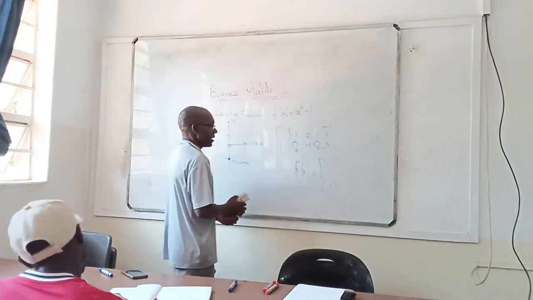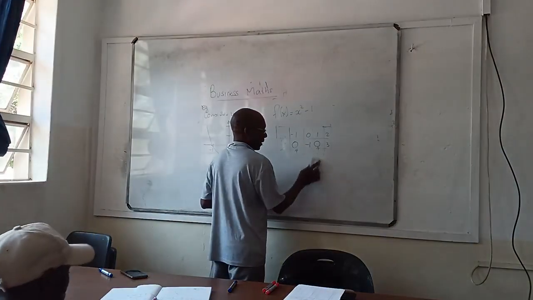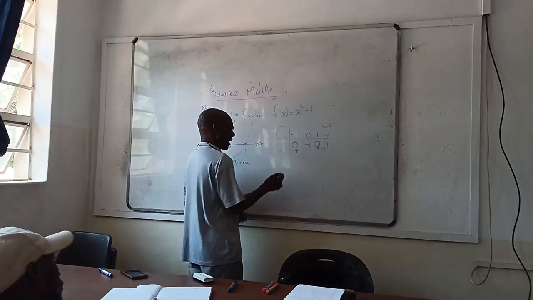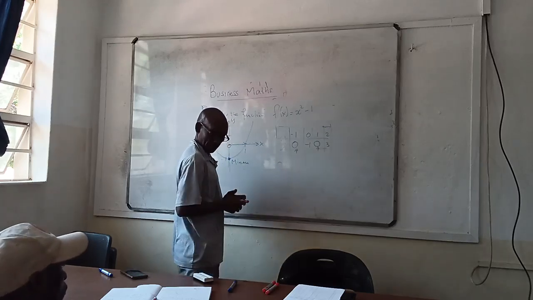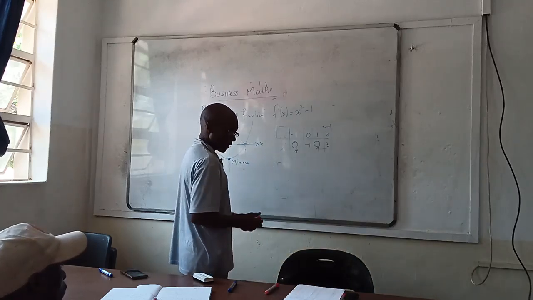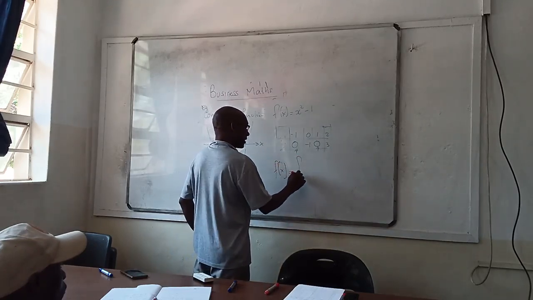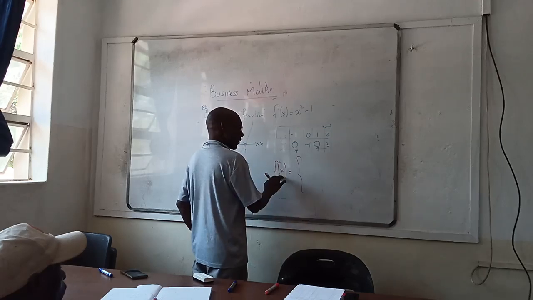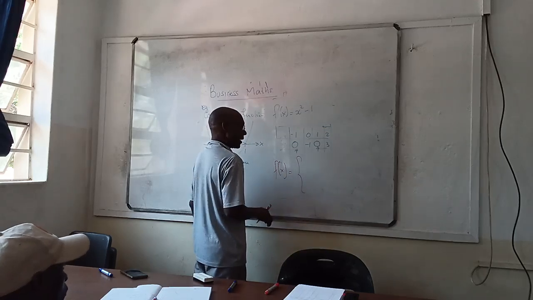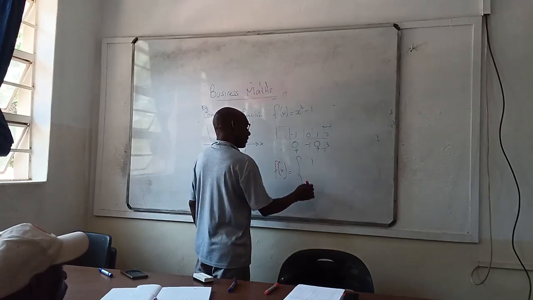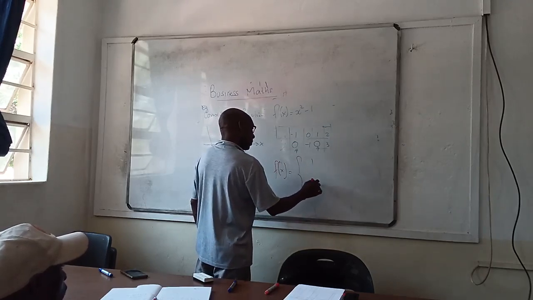Now, if I say draw this graph, if I give you the function f of x such that f of x is y, y is equal to 1 and negative 1.